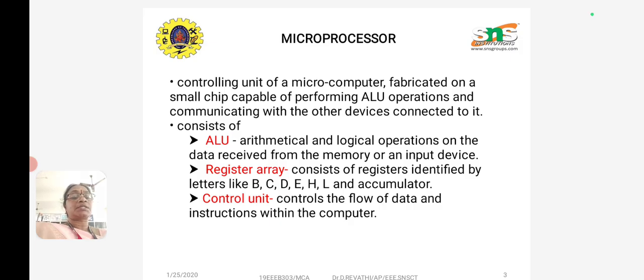We will see registers in detail in the next class. And what is meant by the control unit? The control unit controls the flow of data and instructions within the computer. So these three parts make up the processor: first the ALU, second the register array, and third the control unit.